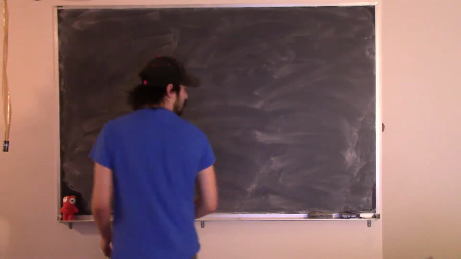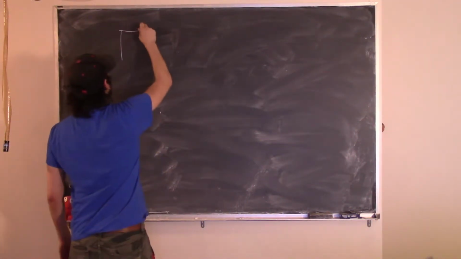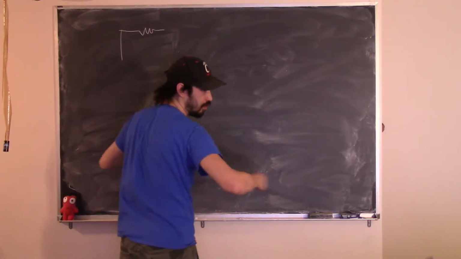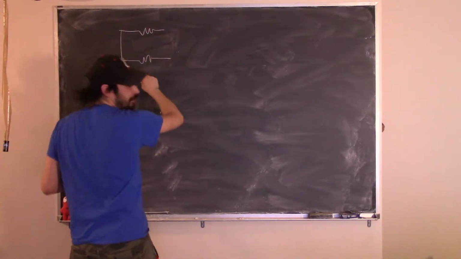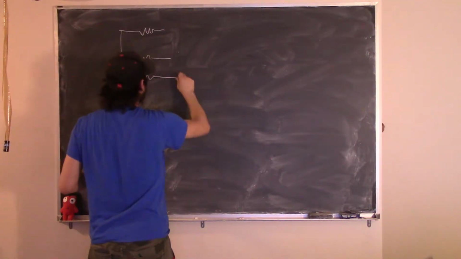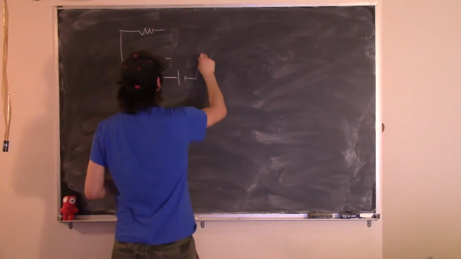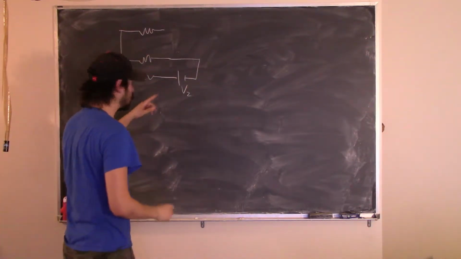So the first problem was the one from the homework, and this one had a system where we had these three lines that were essentially in parallel with each other, and this had some battery that had some potential difference across it, V2.